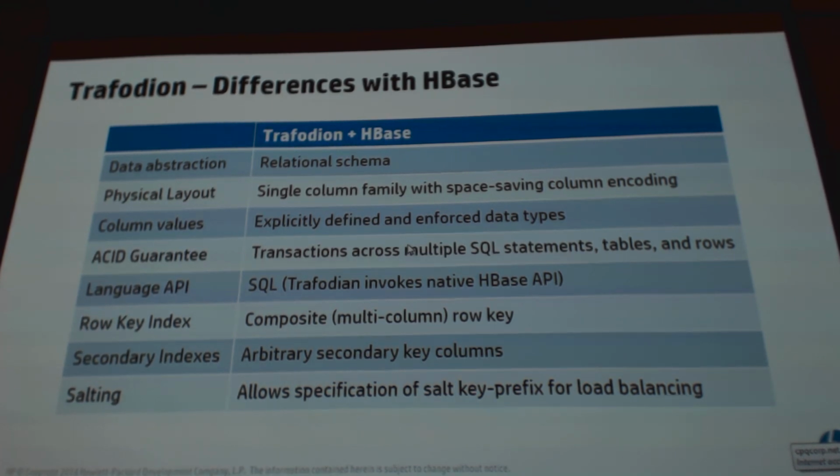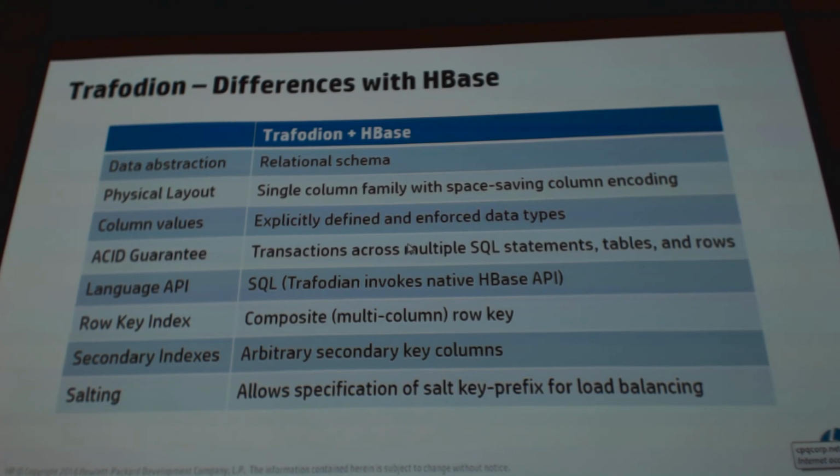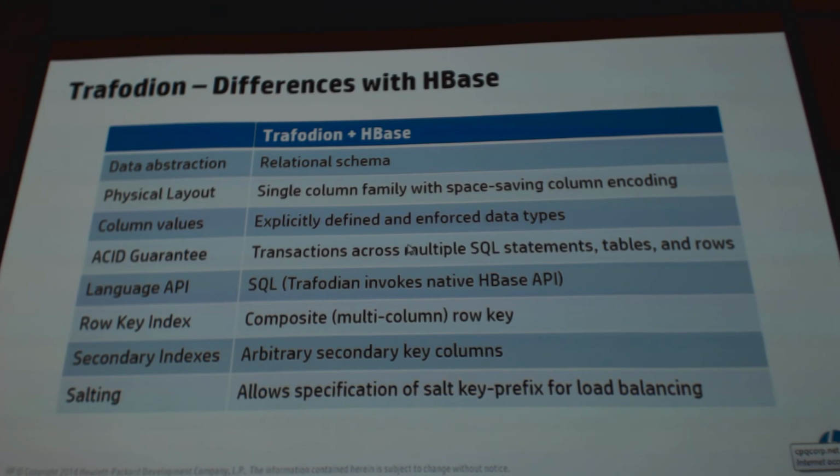So firstly, of course, it provides you a relational table. You create a table just like any other. I mean, you're familiar with that with Phoenix and so forth. The physical layout is that we use a single column family at the current time. For space saving, since you've already got the column name defined in the metadata, we just encode it in the table, so you're saving a little bit of space.